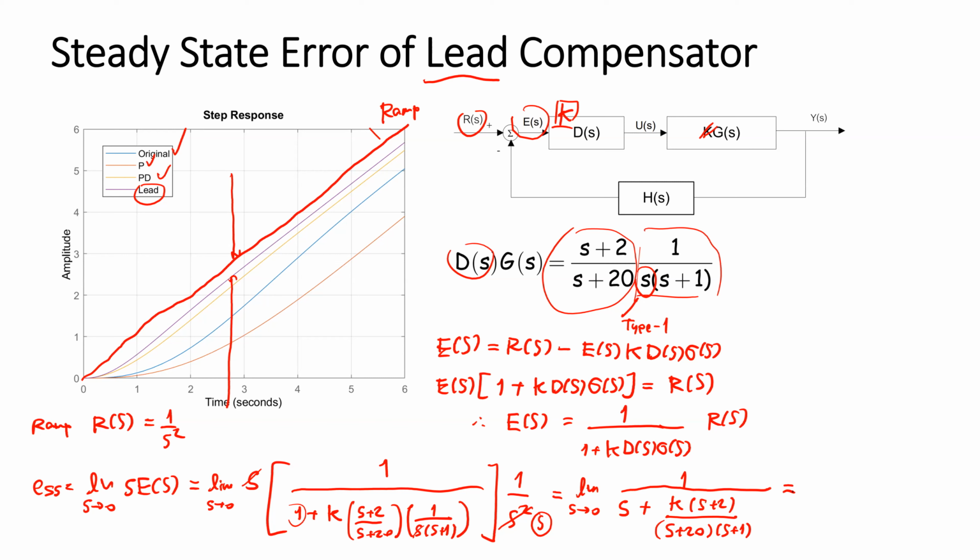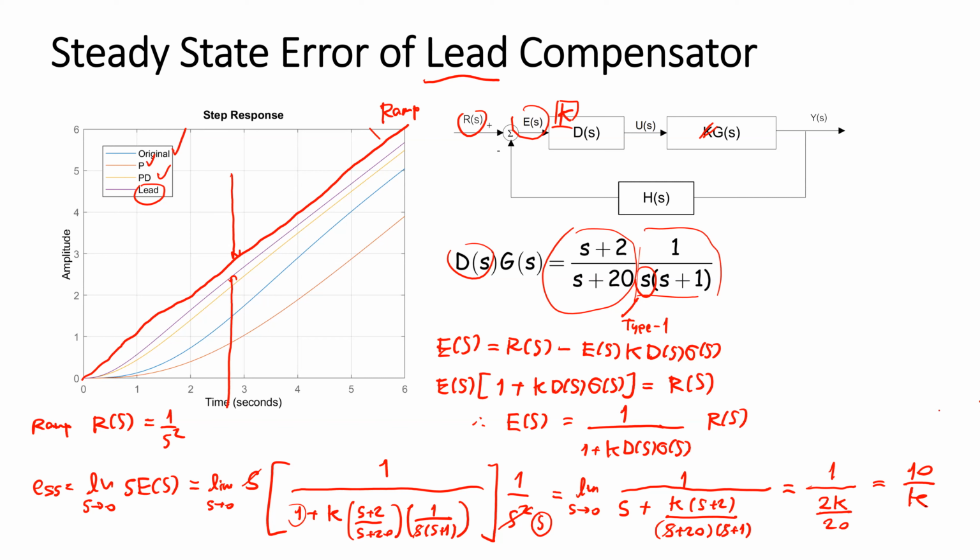When S equals 0, it's 2K divided by 20. So it depends on the gain K.